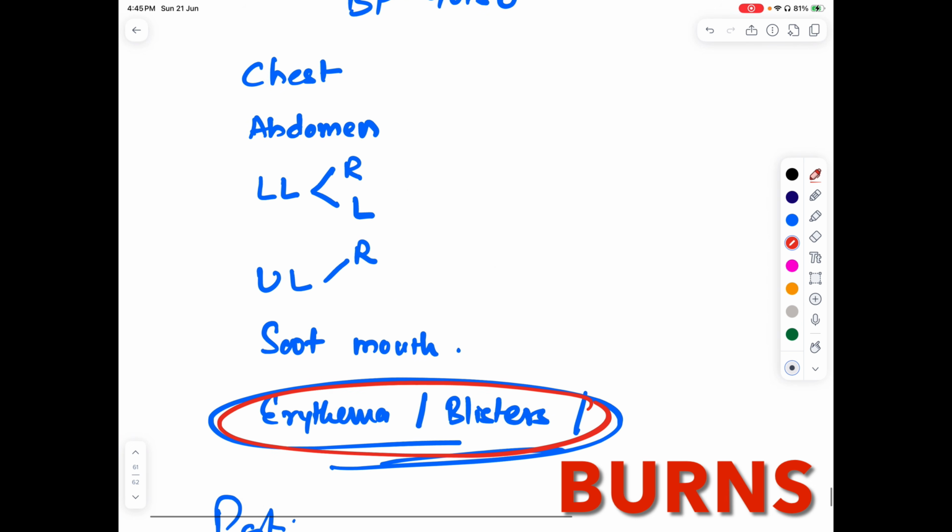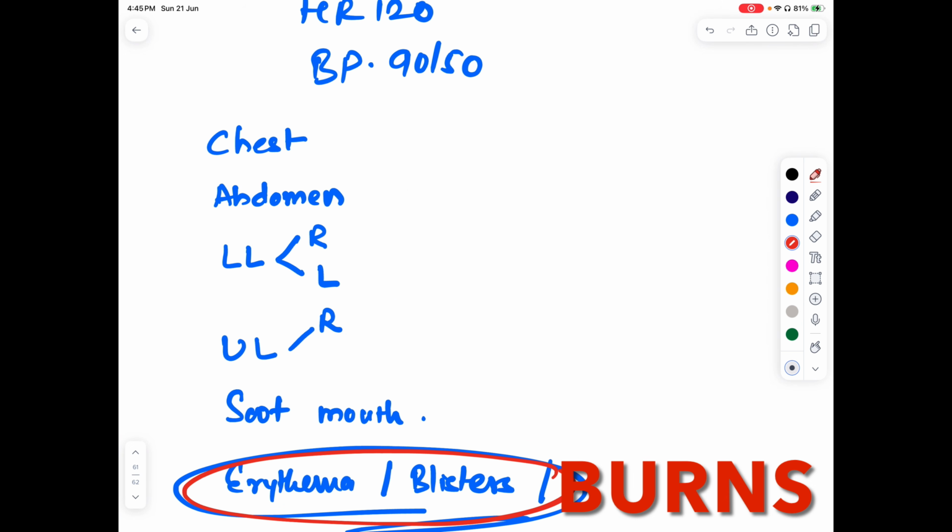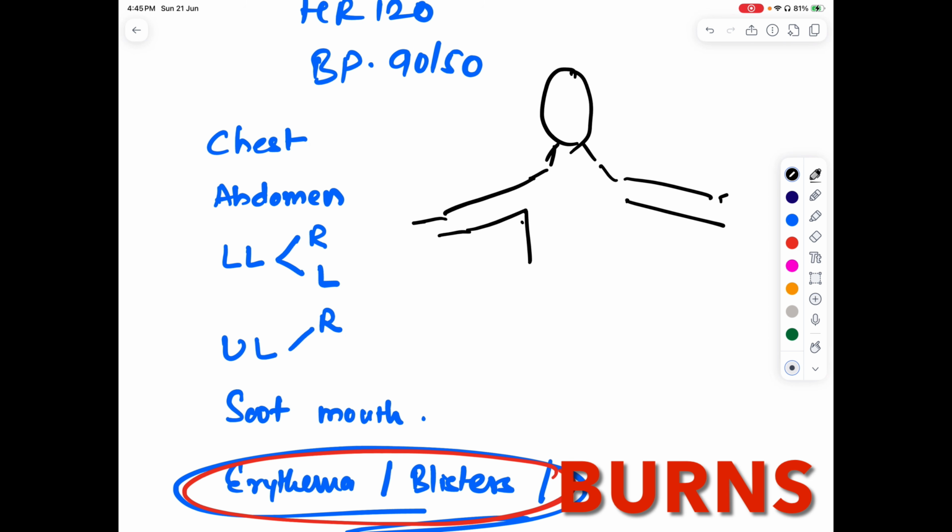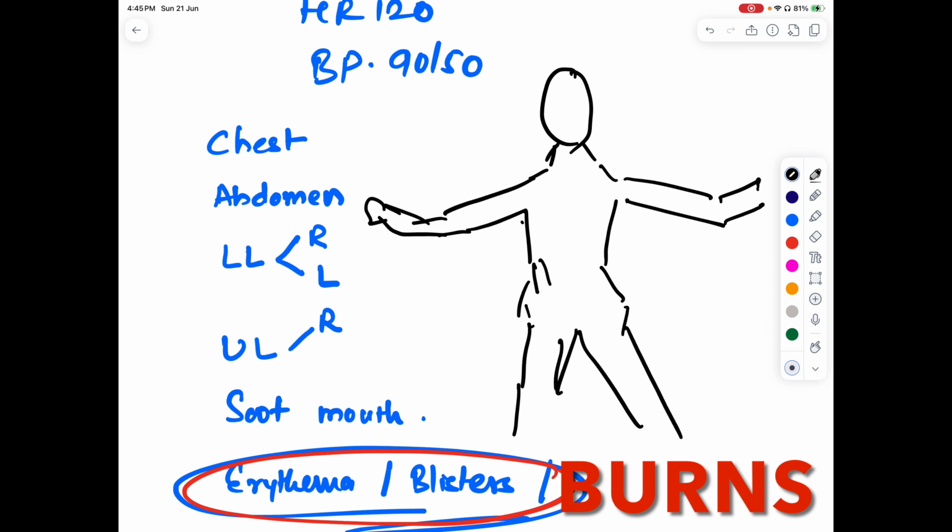Now to calculate, the basic formula you have to remember in your mind: this is the face and this is the neck. Then right upper extremity, left upper extremity, then anterior body, then lower extremity. So the rule of 9. How is the rule of 9?